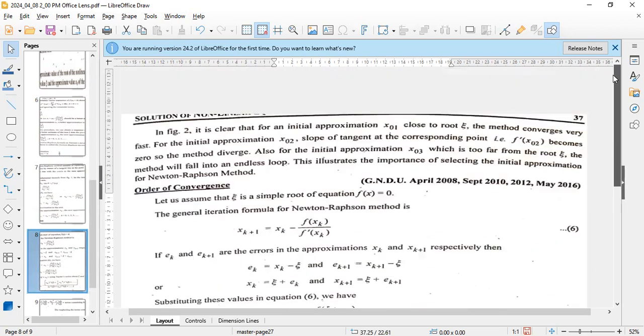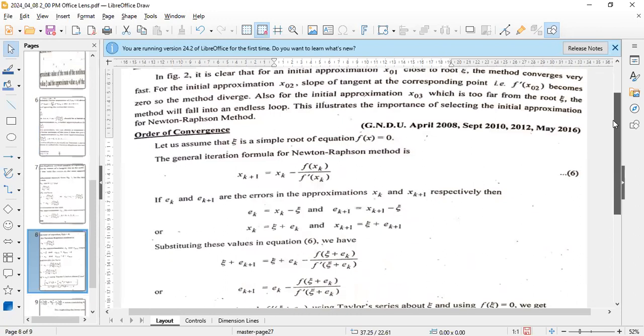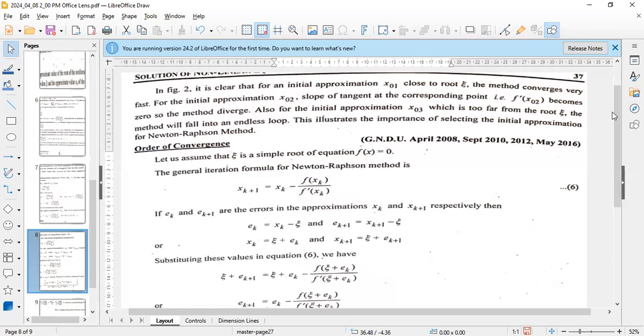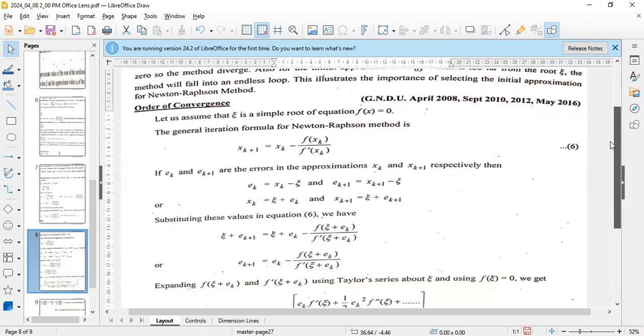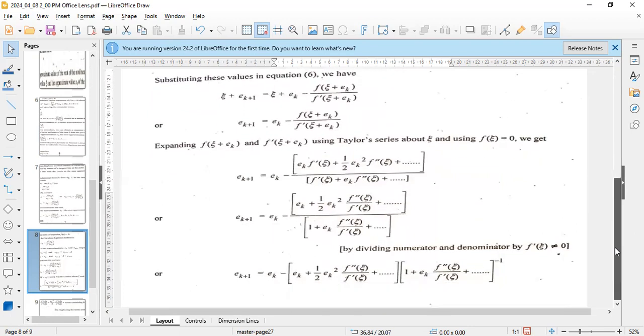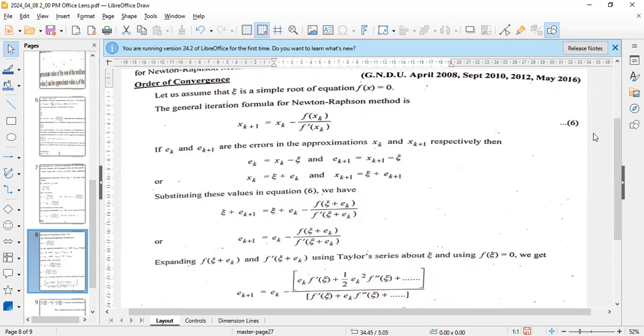You only have to learn the result, and what is important for you is the order of convergence. So I will explain the order of convergence.